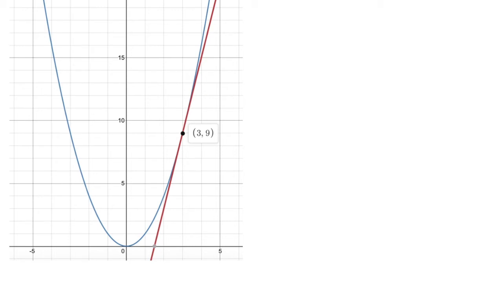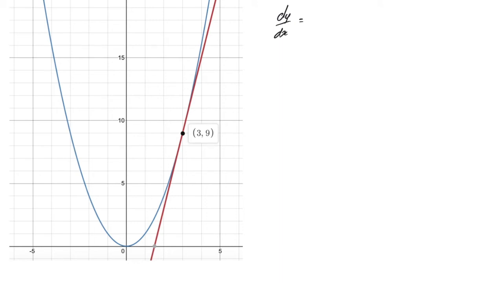So you can see in blue is the y equals x squared function, and in red I've drawn the tangent line at that point. So what I'm going to do first is work out what the gradient is of this tangent line, or what the gradient is of the function at x equals 3. In order to do that, I need to do dy by dx.